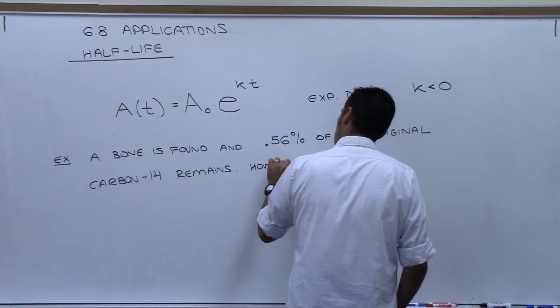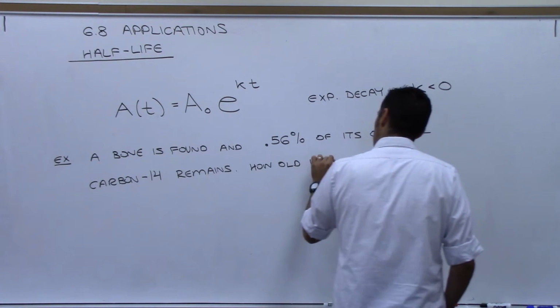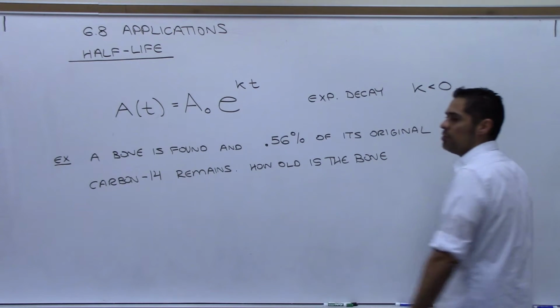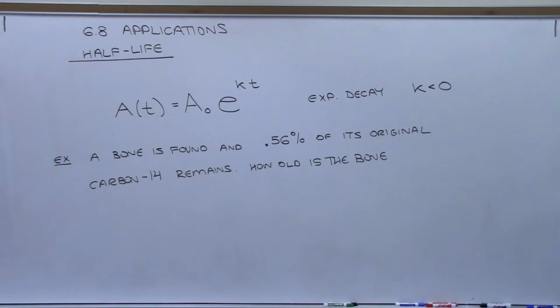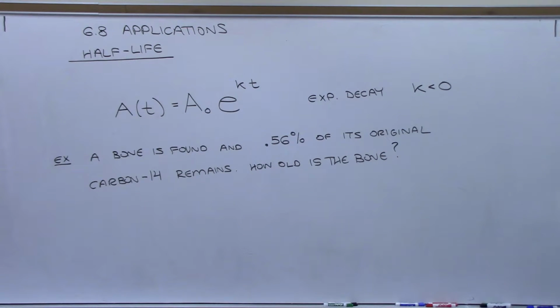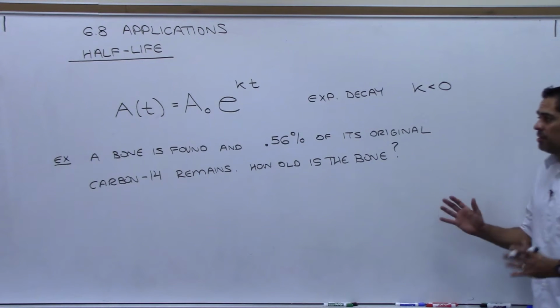How old is the bone? All right, this is what's referred to as carbon dating. You may have heard this before. We use this as an approximate way to determine how old something is. So there's a few things we have to know before we actually do this problem.